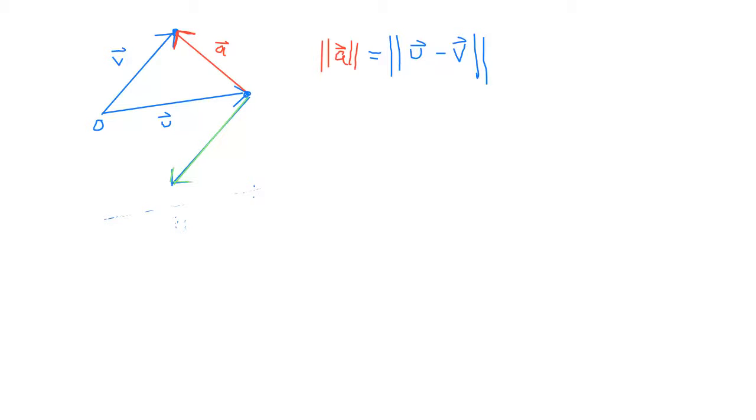How would we label that? The green vector looks parallel. Ah, that's good, Nafani. That's what I want. That's right. This green vector here would be negative vector v.